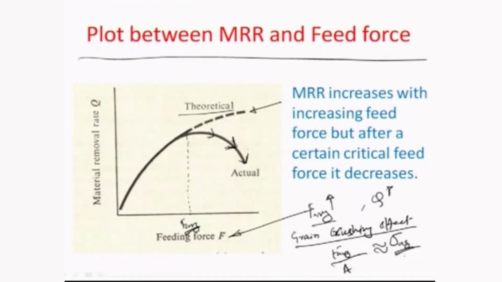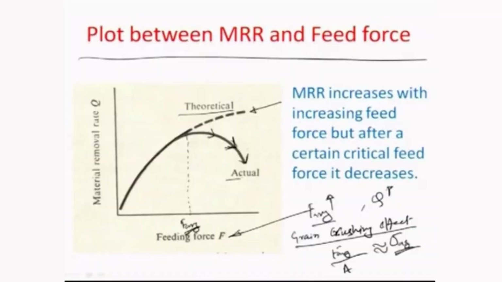Okay. So, therefore, there is a possibility that the grain itself would get broken into pieces, okay, and there is a crushing effect. So, the number of active grains available at that critical feed force would simply go down, because they are themselves getting crushed, okay, and therefore, it is reasonable to assume that because of this crushing effect of the grains, the number of available complete grains which come between, let us say, the tool head and the workpiece are lessened, and so would be the material removal rate, and therefore, the actual trend of the material removal rate is shown by this particular illustration.